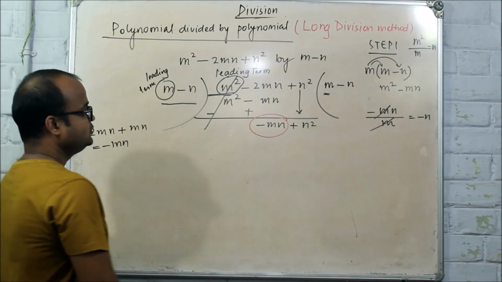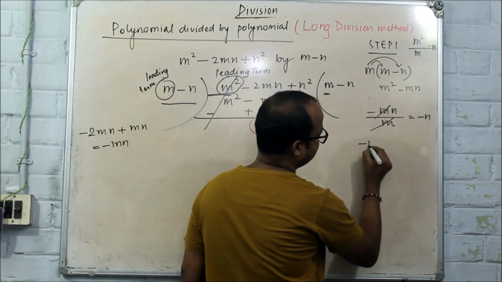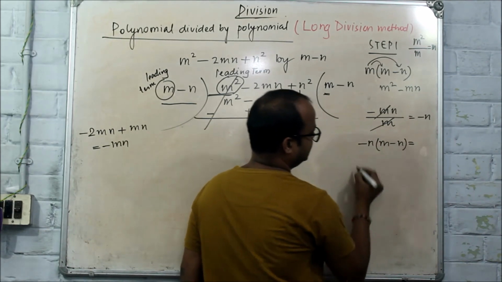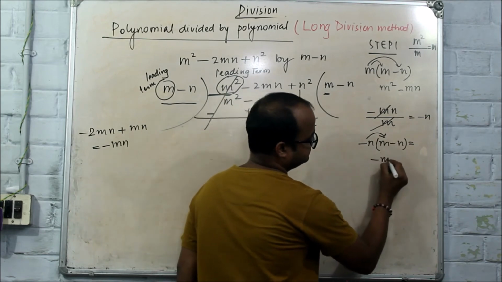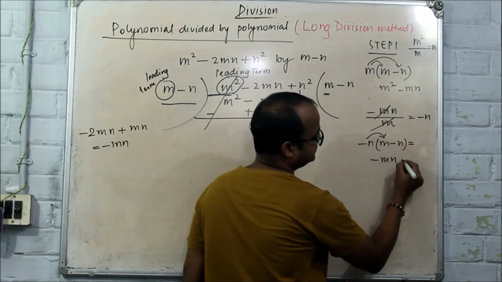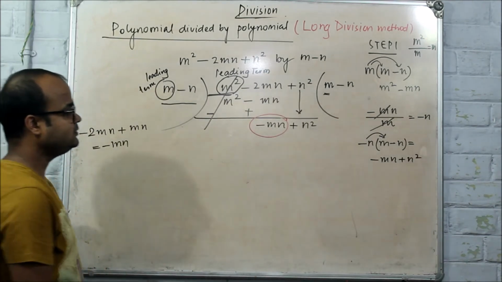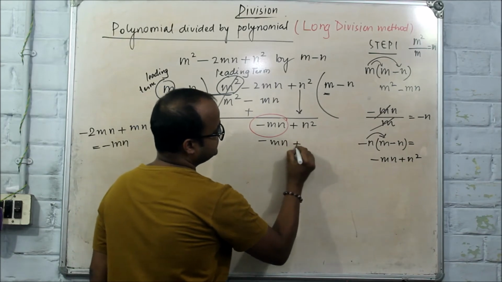Now next, this term will multiply by minus n. So minus n multiplied with m minus n. So if you multiply minus mn, minus minus plus n square. Clear? So we write minus mn plus n square.